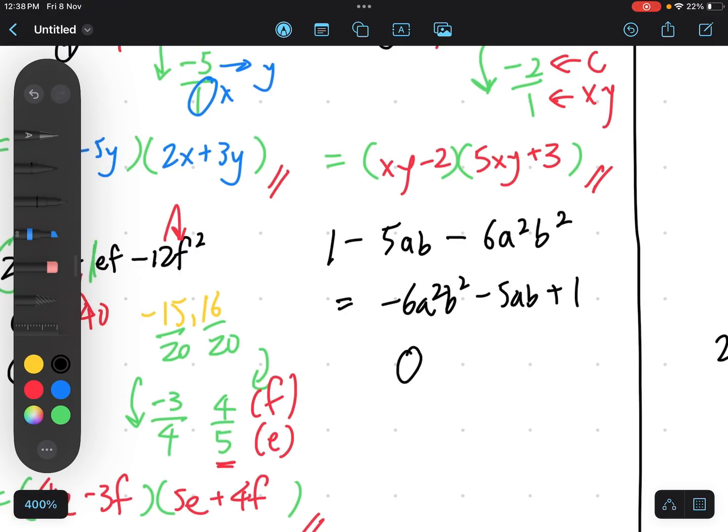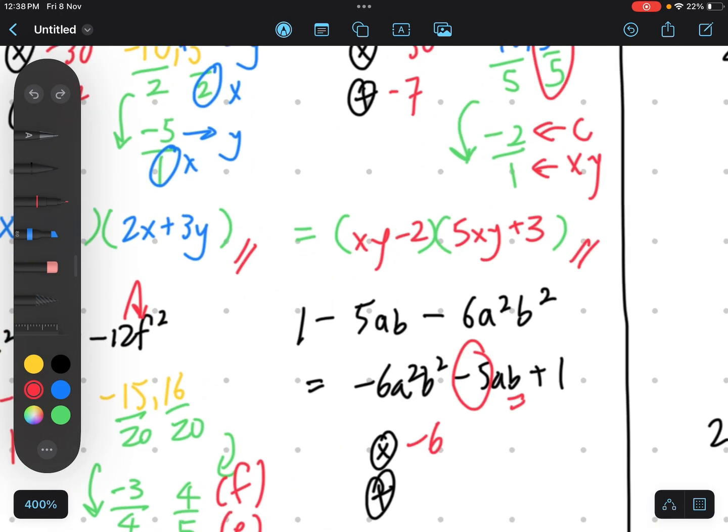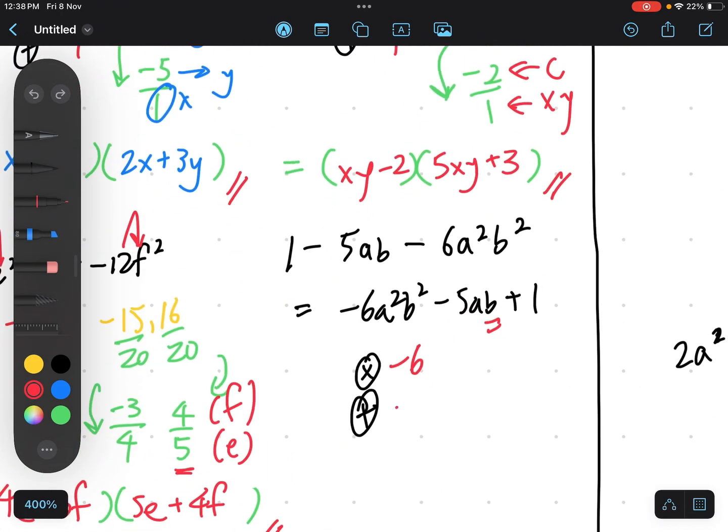So that will be minus 6 and positive 1. So minus 6. And then your addition number is just b, which is minus 5. And I'm not talking about this b. I'm talking about the b in this form, okay? Don't get confused. Some people get confused.